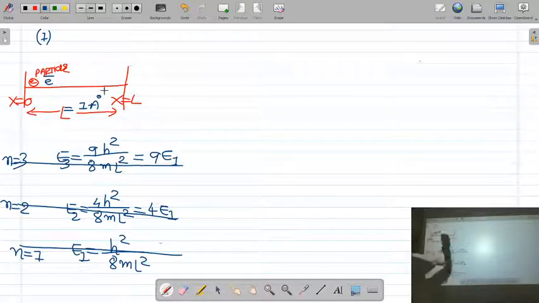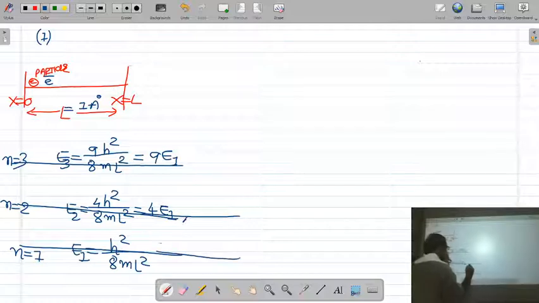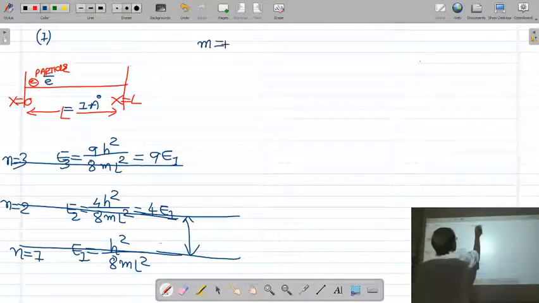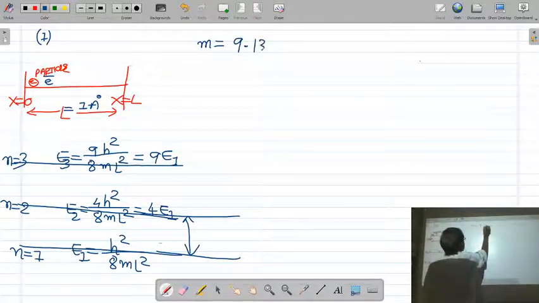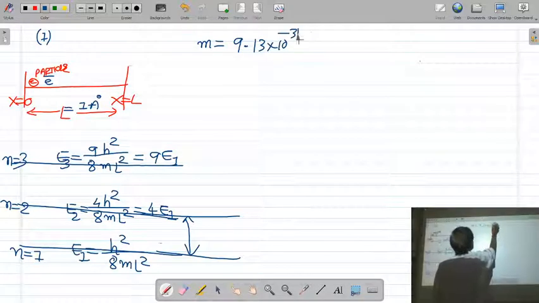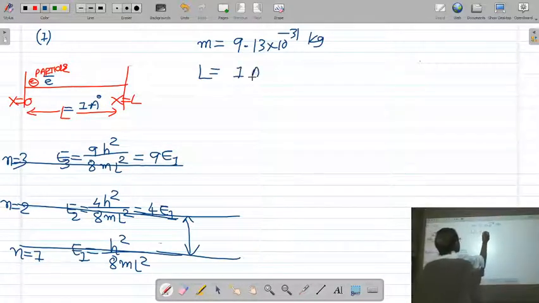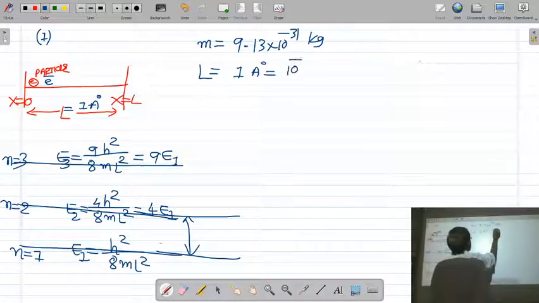So let us calculate the energy difference between these two energy levels 1 and 2. You know very well the mass of the electron is 9.13 × 10 to the minus 31 kilogram. The length of the box is given to you, that is 1 angstrom, meaning 10 to the minus 10 meter.